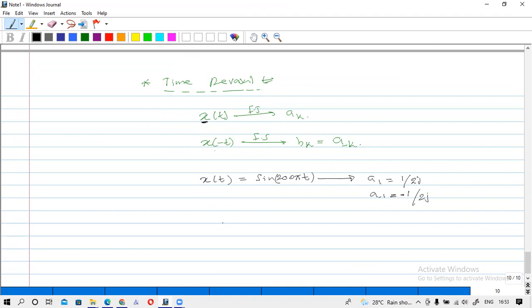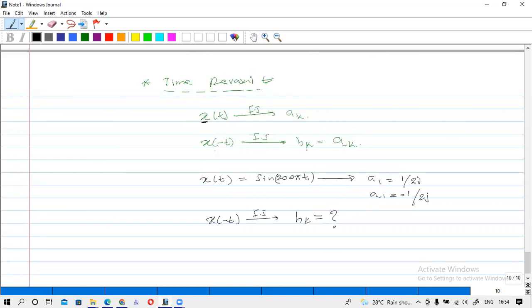So can you find the Fourier series of x(-t)? Let's say that is b_k. Please do it by yourself. It is just that you can look at this and say what the b values are.